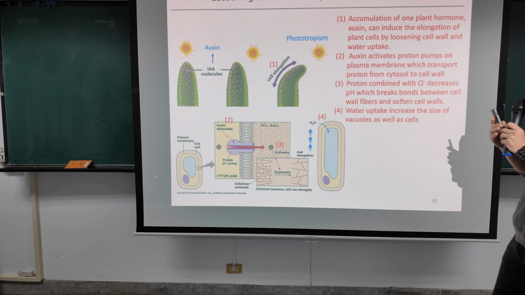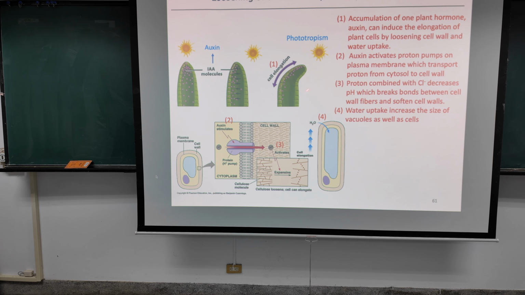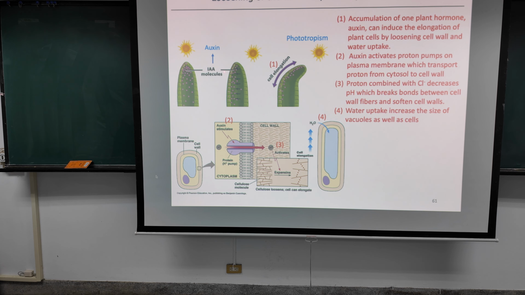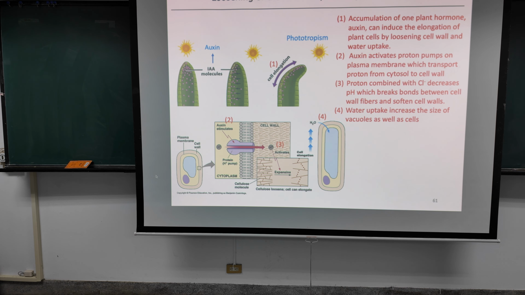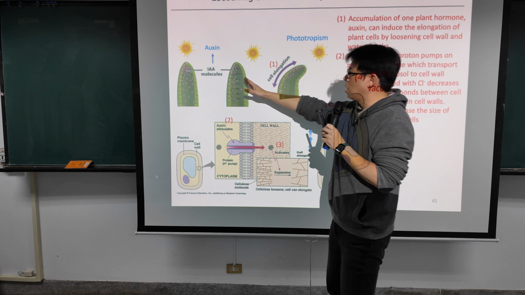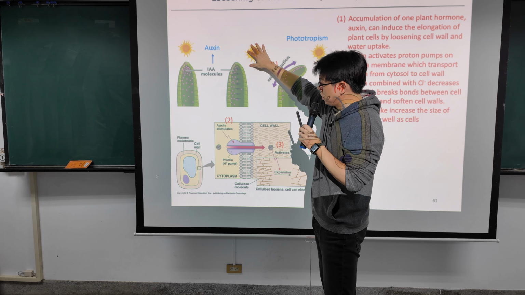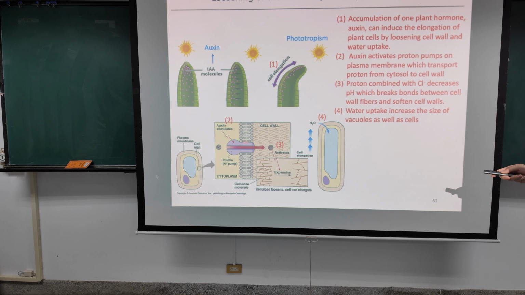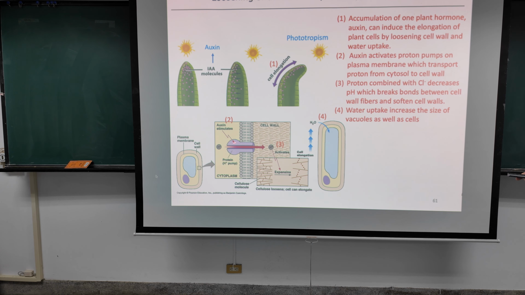How can the plant achieve this? There is a really important plant hormone called auxin. Auxin will accumulate on the side opposite the sun, and those auxin can activate a proton pump.